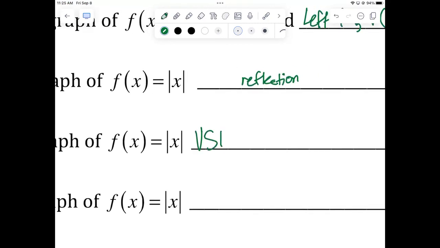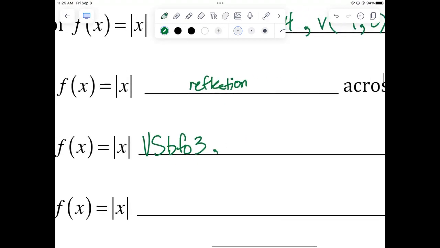So it's a little bit wider. Taller, thinner, steeper, whatever you want to call it. It's just a little bit steeper.